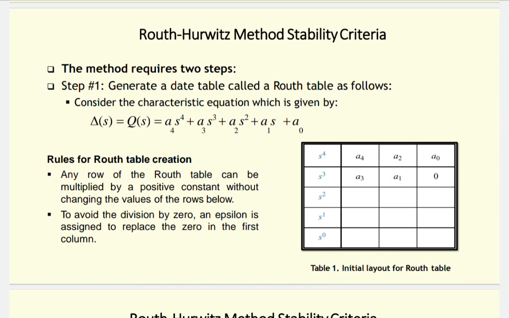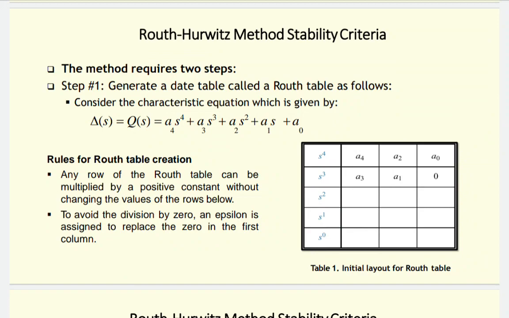We will fill up the table column-wise, that is s to the power 4 starting from s cube, s square, s to the power 1 and s to the power 0 should be mentioned. Then the first row, that is s to the power 4 row, should contain the alternate coefficients of the respective characteristic equation, starting from here: a4 a2 a0.